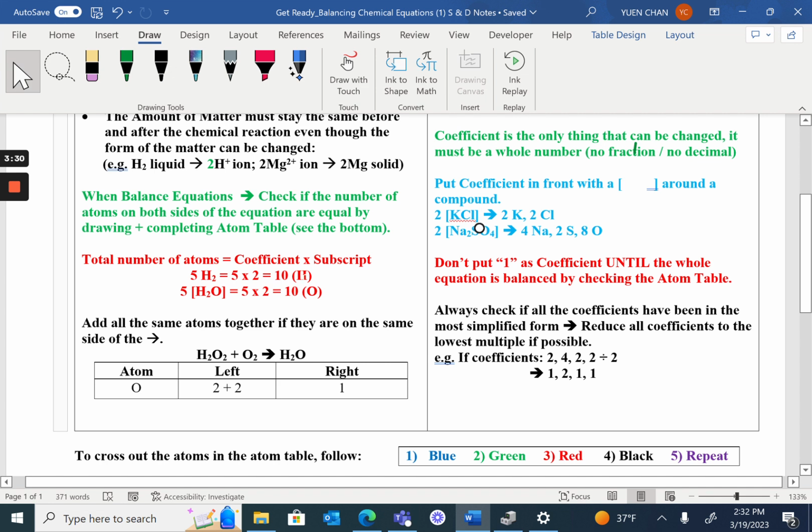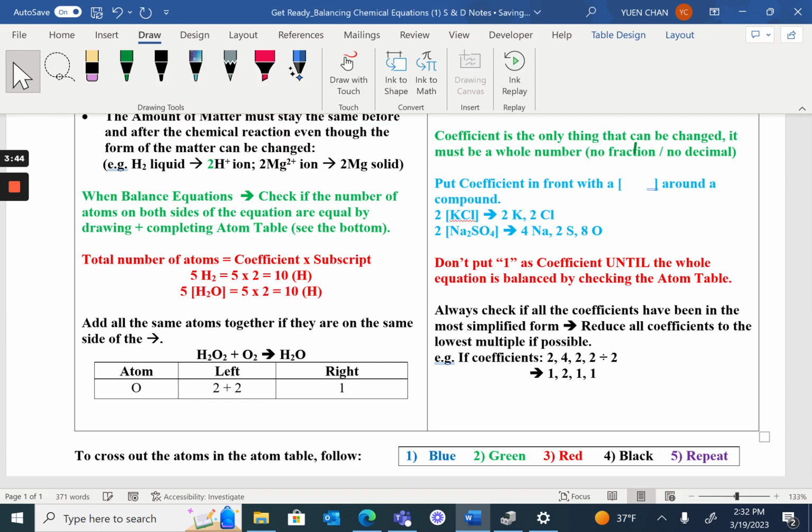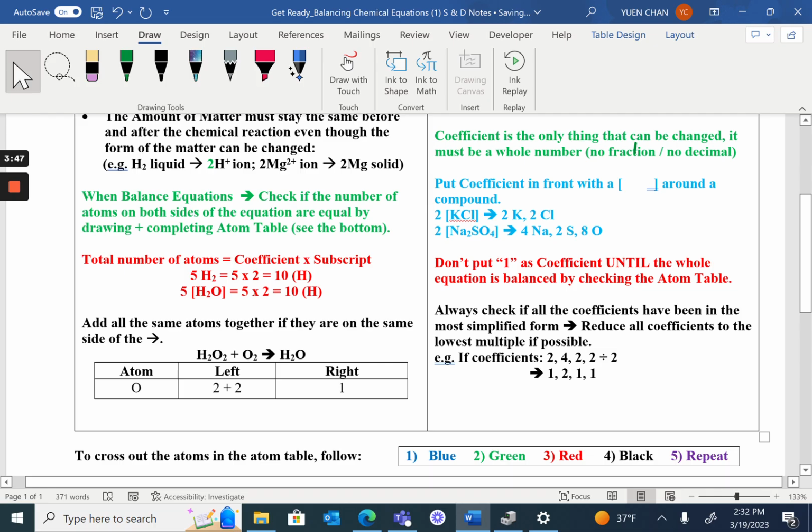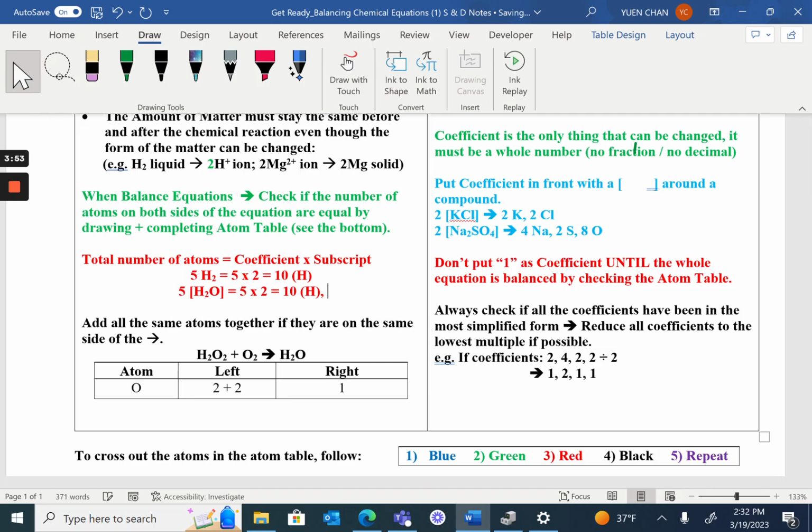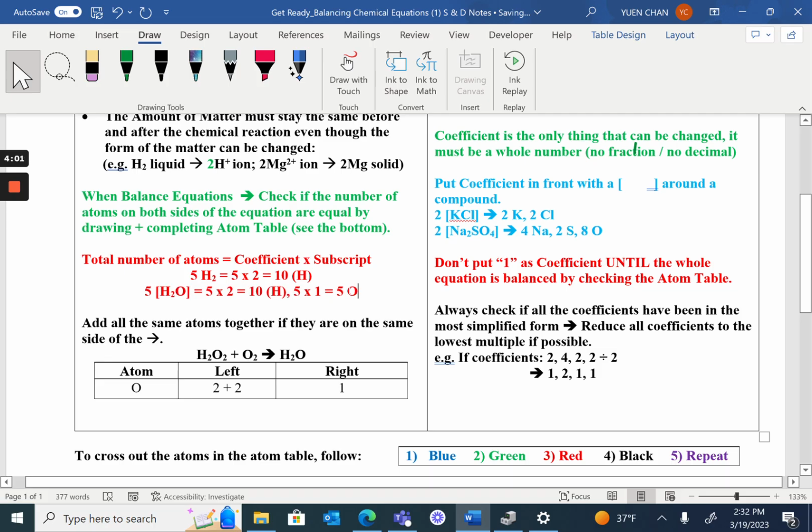So 5 times 2 is 10 H. If I have 5H2O, how many H? 5 times 2 is 10 H. And I will also have 5 times 1 equals 5 O. So would you please fix the notes that I have here? Okay. And that's how you calculate the atoms as coefficient times subscript.